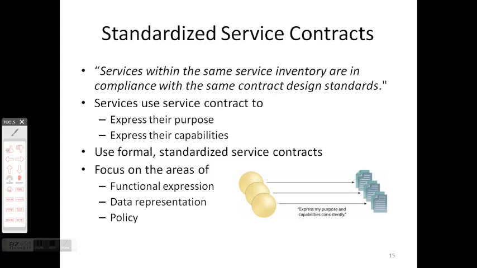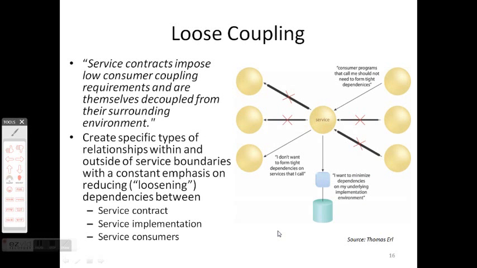They use formal standardized service contracts. The formalization comes in terms of technology, using things like XML or WSDL, in order for the world to be able to read them and understand them in a coherent way.